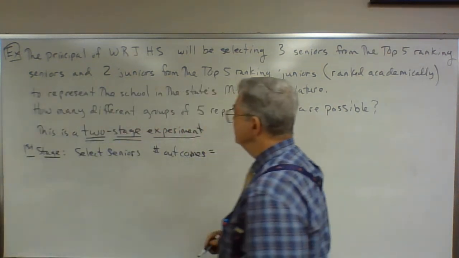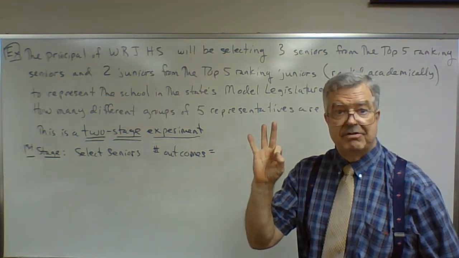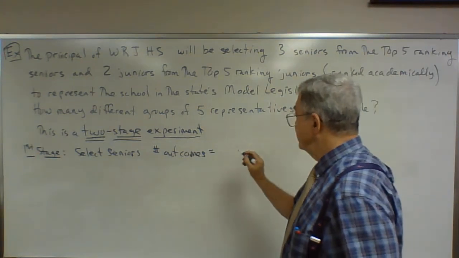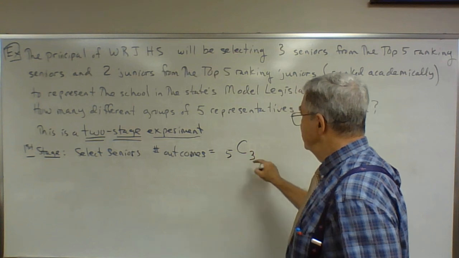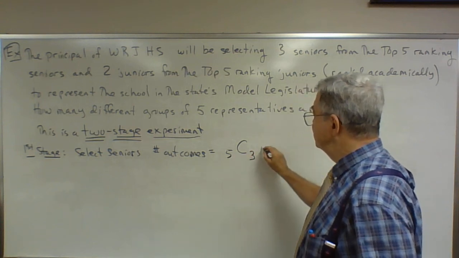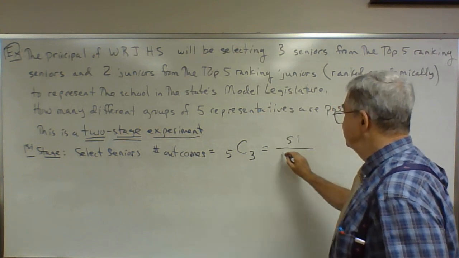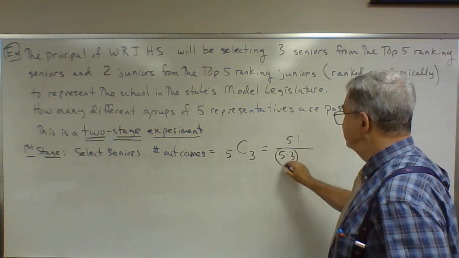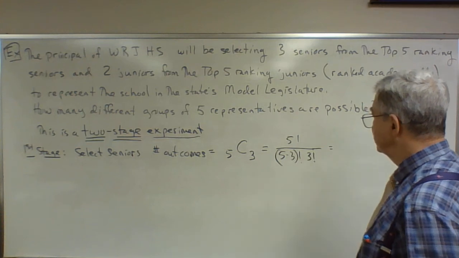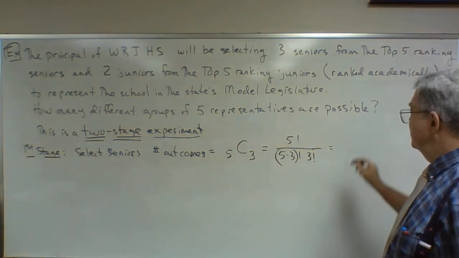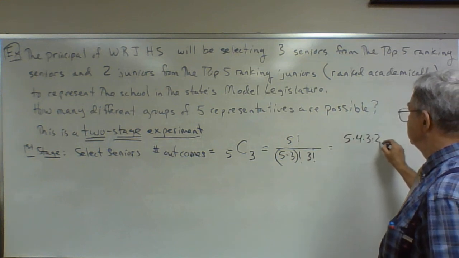The number of outcomes, let's see. We have 5 seniors and we're going to select 3 of them. Order doesn't matter. So this is a combination of 3 students selected from a set of 5. 5 factorial over (5 minus 3) factorial times 3 factorial. And 5 factorial is 5 times 4 times 3 times 2 times 1.